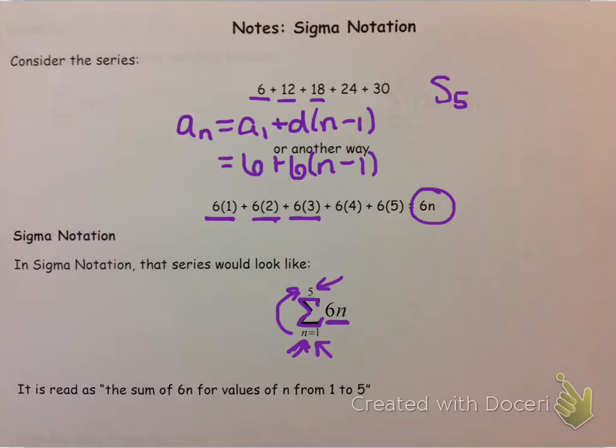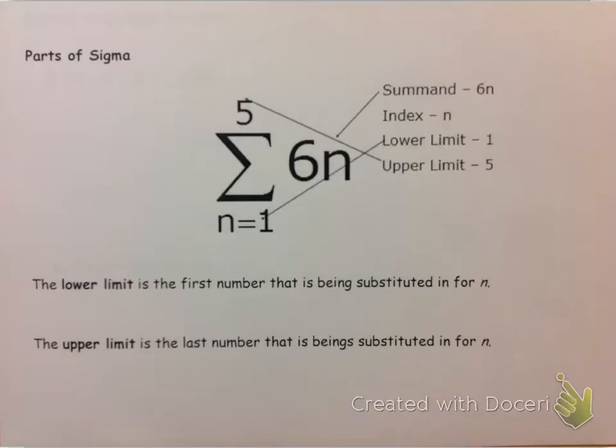So the way that we read that is the sum of 6n for values of n, so there's that variable that we're using in our expression, from 1 to 5. So that tells you to start plugging in with 1 and plugging all the way up through 5. So here's your different parts of your sigma notation. We've got our variable, or the index.